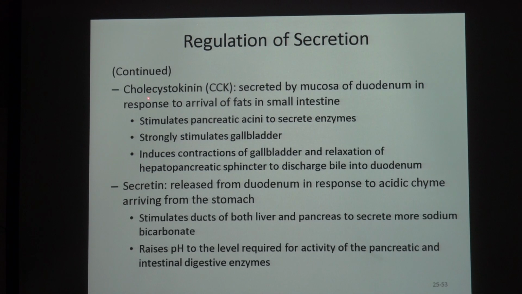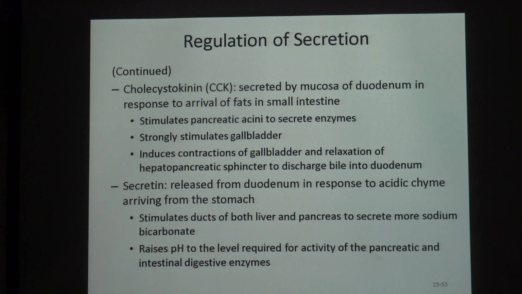Number 2 is called cholecystokinin. Anytime you see C-H-O-L-E, chole, always assume that we are talking about the gallbladder. Okay, cholecystokinin is a chemical that is stimulated by the gallbladder, and it helps to contract the gallbladder and discharge bile into the duodenum.